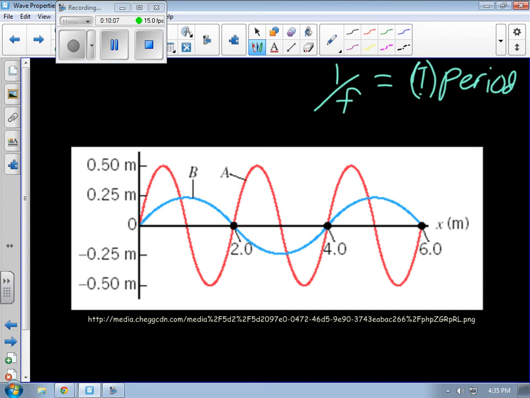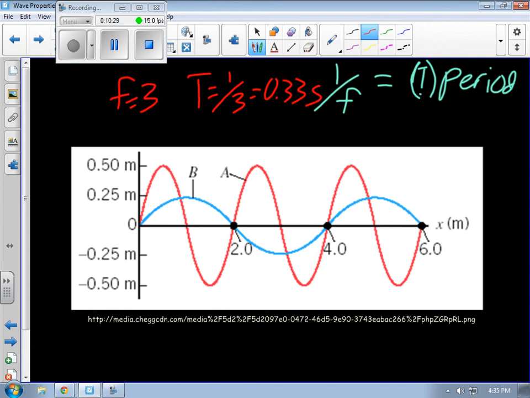So for our red wave, we had frequency is 3. So the period is 1 divided by 3, which equals 0.33, and this is in seconds because the period is number of seconds per wave. So 0.33 seconds is our period.